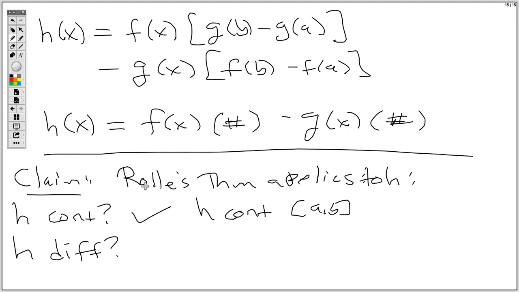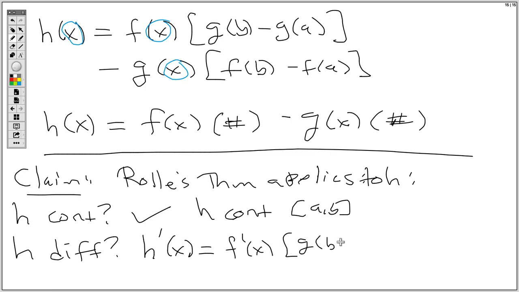In fact, I can take the derivative of h of x. What would that be? Well, you're taking the derivative with respect to x, and x only appears in these two places. So I can just do f prime of x times whatever constant it was multiplying, minus g prime of x times whatever constant it was multiplying.